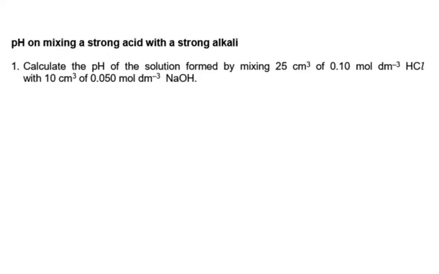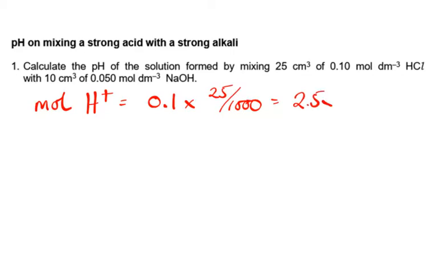First example of this is fairly straightforward. We've just got some hydrochloric acid and some sodium hydroxide. So the moles of hydrochloric acid, which is also going to be the moles of hydrogen ions, is just the concentration times by the volume, which we can see is 2.5 times 10 to the minus 3.